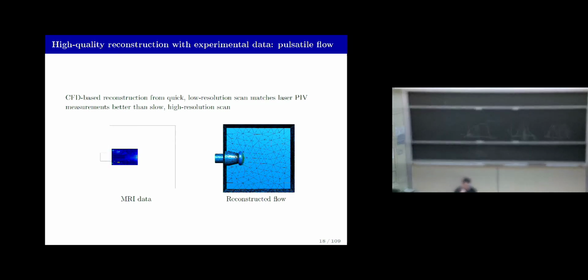And what we showed is that if we compare the velocity measurements to PIV data, which is considered to be much more accurate than MRI, we get closer using our CFD data than you would by using low resolution or high resolution MRI data. So there's something fundamentally good or correct about what we're doing in this method. And like I said, it really just comes down to solving an optimization problem to fit our CFD simulation to the data that we're given.